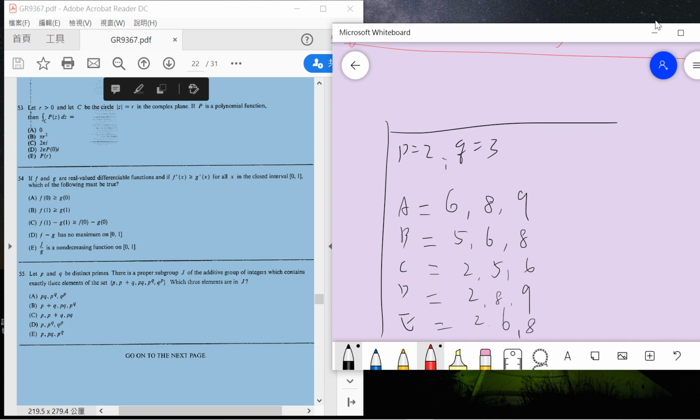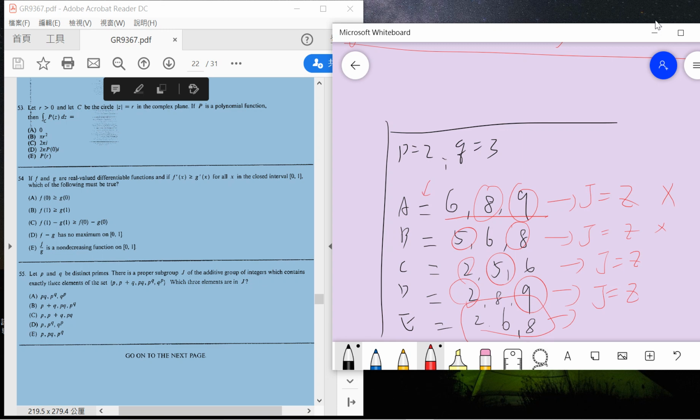Okay. So if J contains A, then 8 and 9 are co-prime to each other, so this will make J be Z, which is what we don't want. Also, 5 and 8 are co-prime to each other, so J is Z. Also, 2 and 5 are co-prime, so J is Z. Also, 2 and 9 are co-prime, so J is Z. Only this one, right?